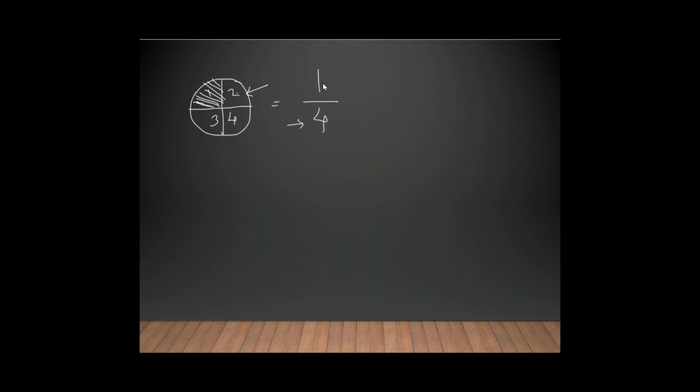So 4 goes here and 1 goes here. This place is called the denominator, and the top place is called the numerator. So the denominator is always the equal sized parts that the figure is divided into.